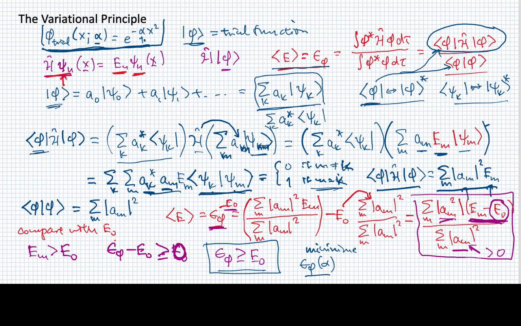So we minimize this by finding an optimal value for alpha. And when we minimize it, that then produces the very best guess that we can give for the lowest energy of this particular Hamiltonian. And that's the whole thing that we call the variational principle, which is the title given at the top of the slide. This is a demonstration of the variational principle.